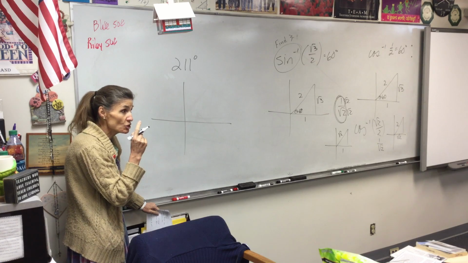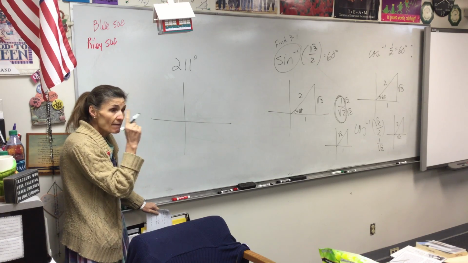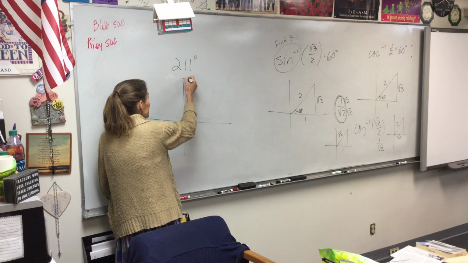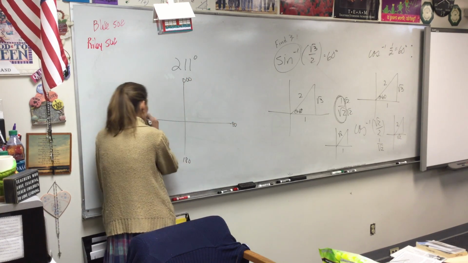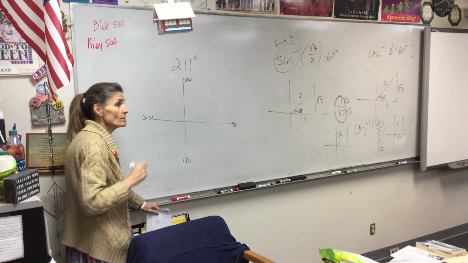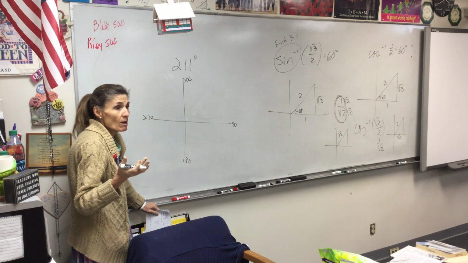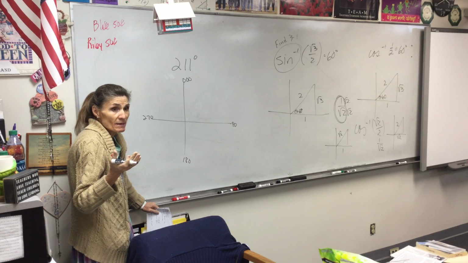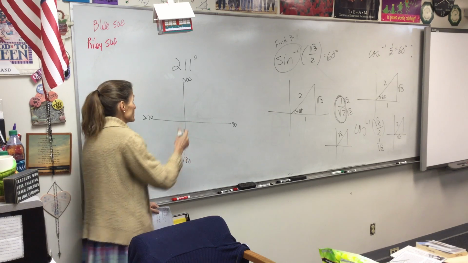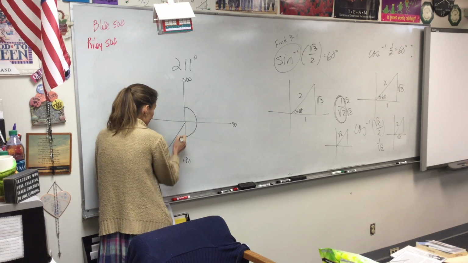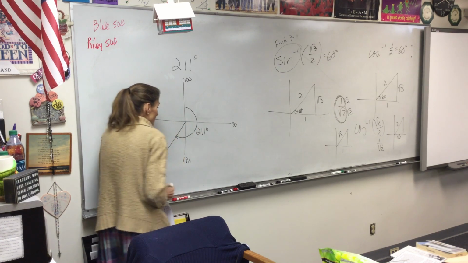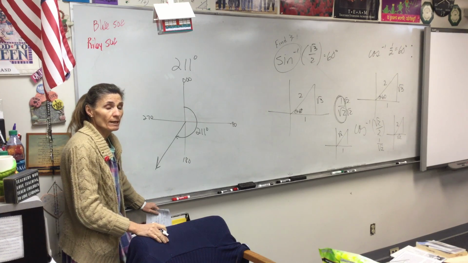If it's navigation, it starts up here. This is 0. This is 90, this is 180, this is 270. I know it's confusing. I can't help it. It's just the way it is. That's how somebody set it up. So we start up here, and 211 looks like this. That would be a course of 211 degrees.